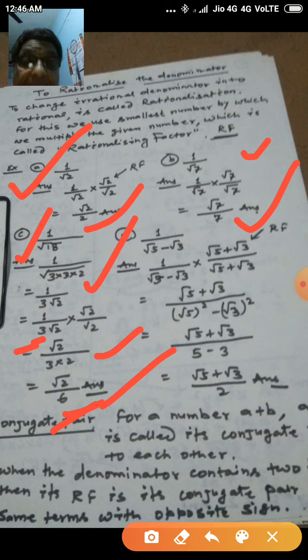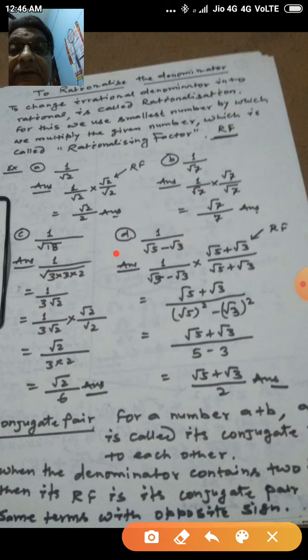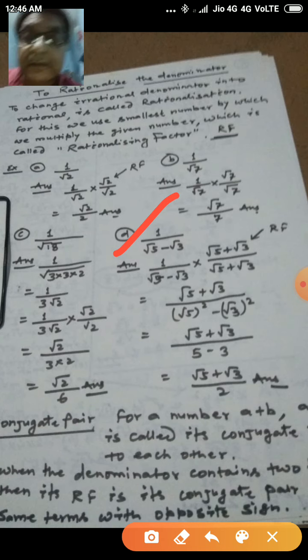Now students, we will come to such questions where the denominator has two terms. In between the two terms there is either plus or minus. So how is a two-term denominator rationalized? For this we multiply numerator and denominator by the same terms of the denominator but with opposite sign.